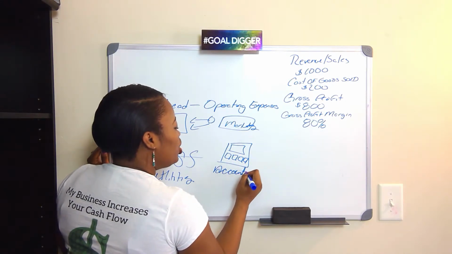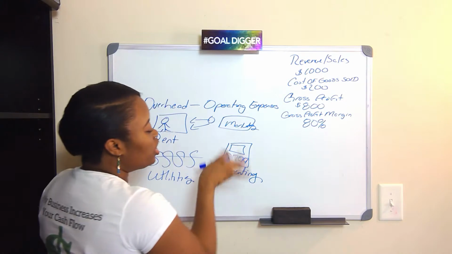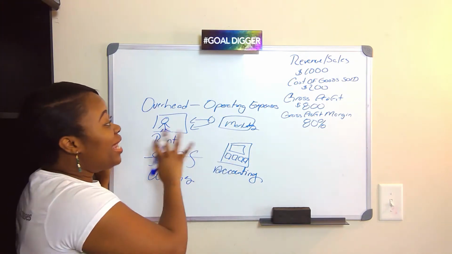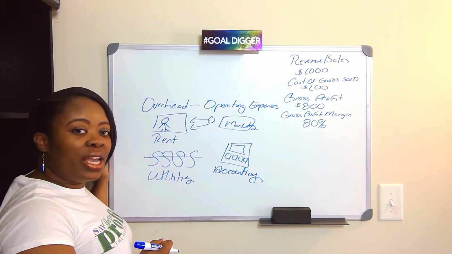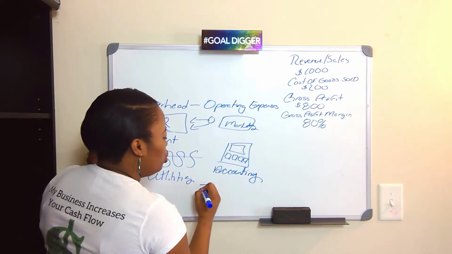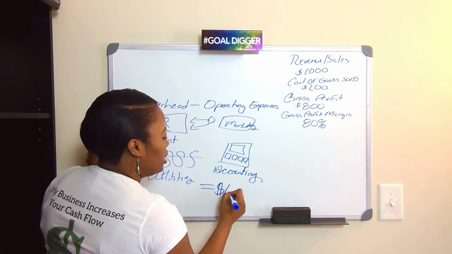And you have additional operating expenses, but we're just going to use these for now. And let's say your total operating expenses equal $600.